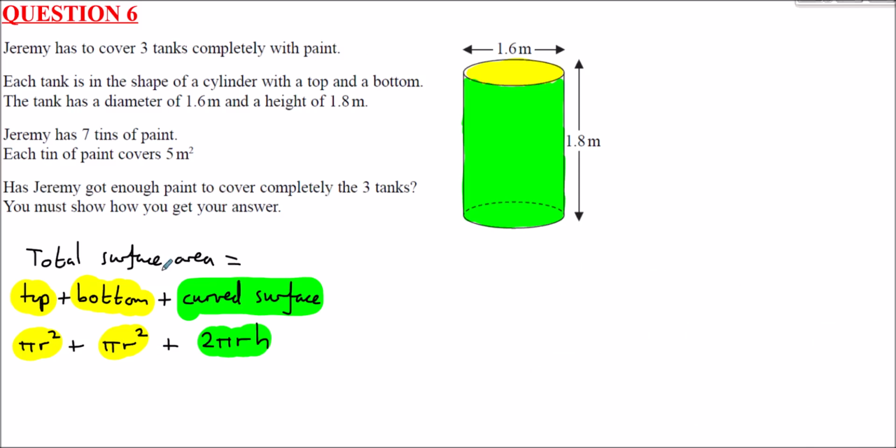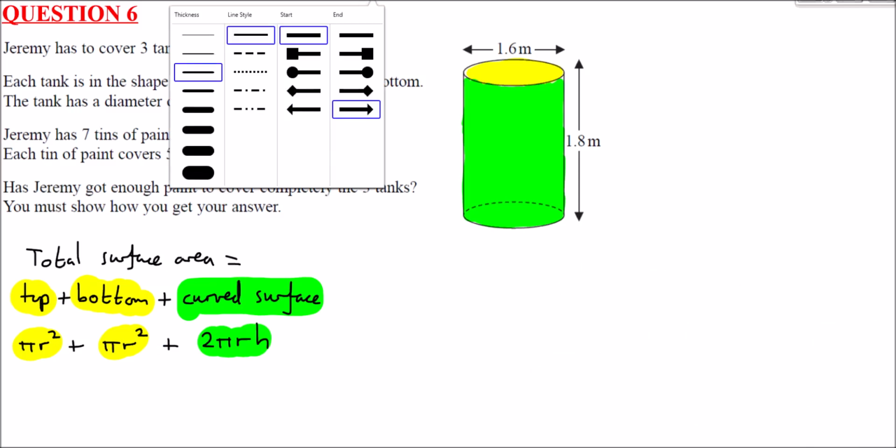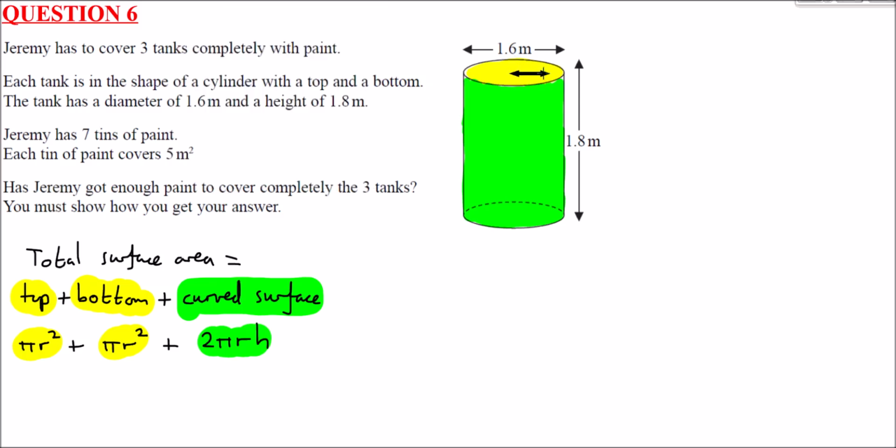At this stage, we can add in the information to our diagram. First off, we need to calculate the radius of our circle. Radius just means from the middle to the end. We're told that the diameter from one end all the way to the other is 1.6. The radius is half of that, so the radius will be 0.8 meters.